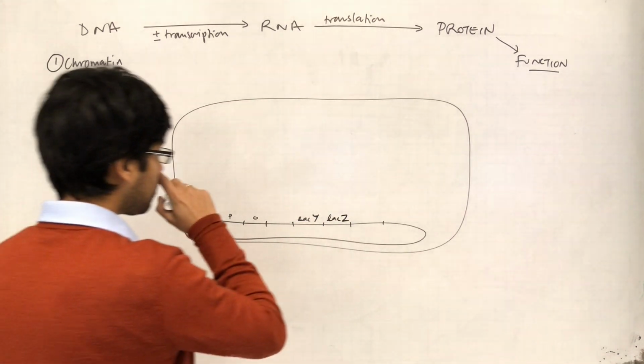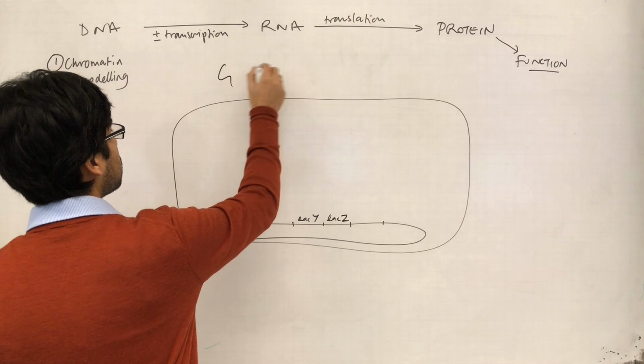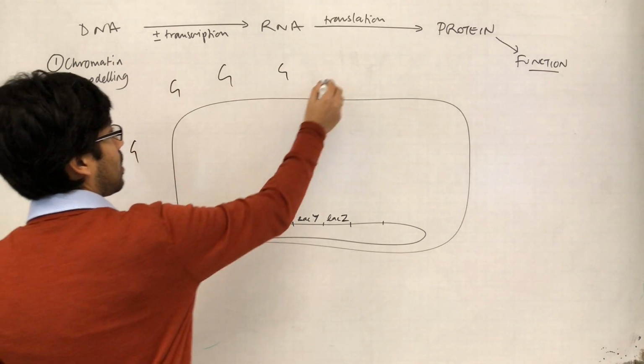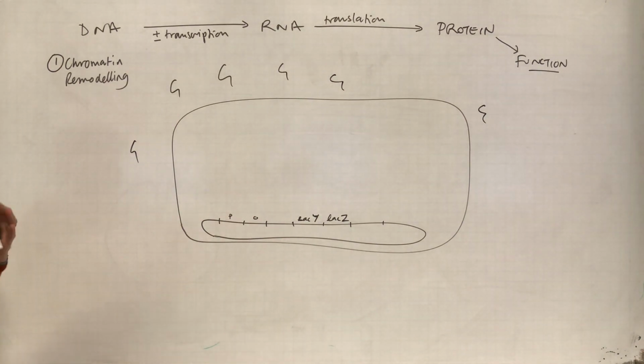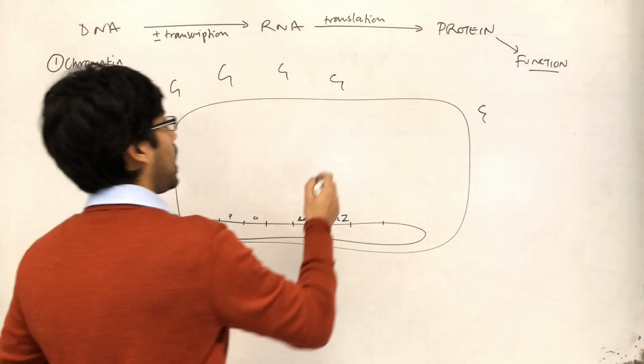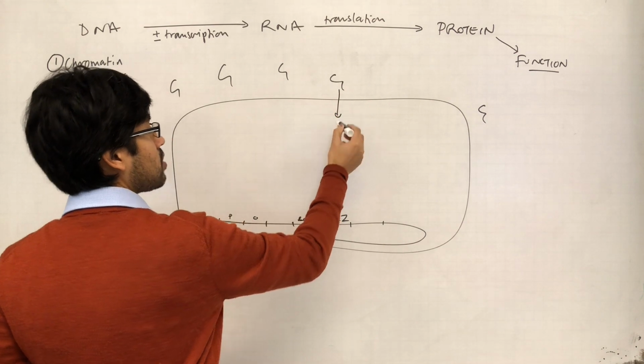Now, what we're saying is that most of the time, these bacteria have glucose available, and glucose is their preferred respiratory substrate.